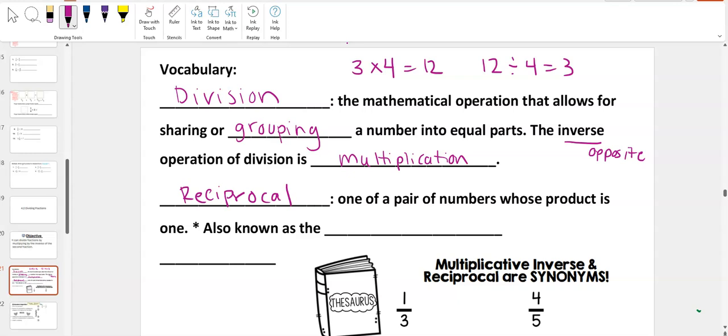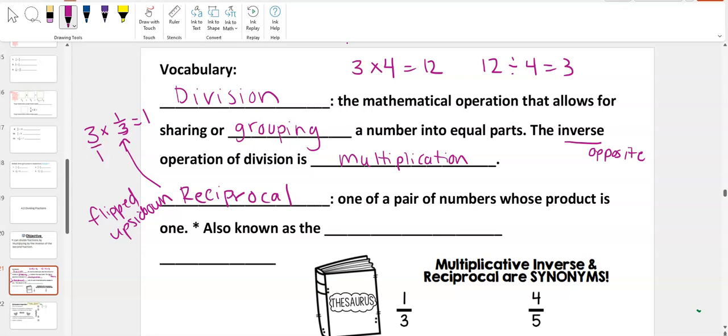That means that if I do 3 times something, I'm going to get 1. I want to know what this something is, and that something is going to be the reciprocal of 3. And reciprocal means flipped upside down. Okay, so 3 times 1/3 is 1.